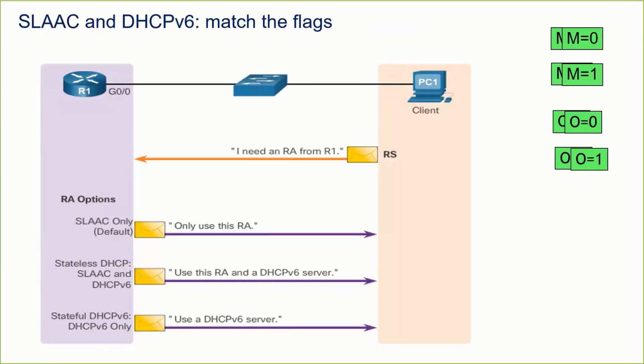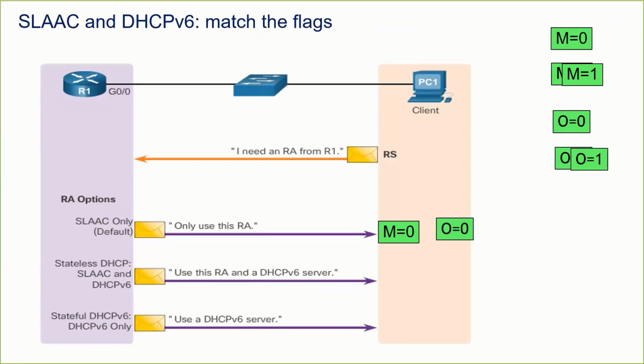I don't have a DHCP server. So M is off because the DHCP server is not managing the address. Also, I don't need another device to hand out information because the router is doing everything. So both flags are off. Both flags are off because with SLAAC, the router is doing everything.